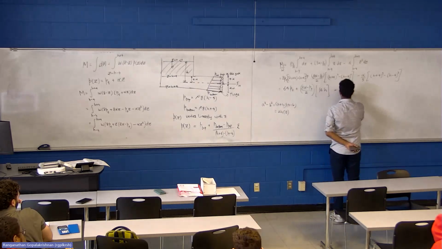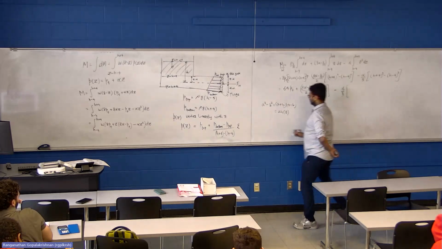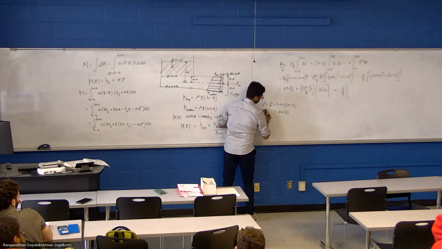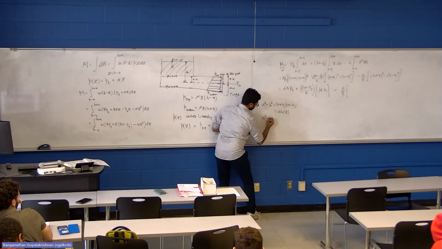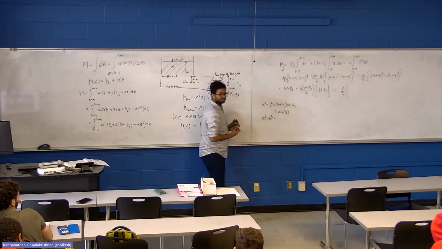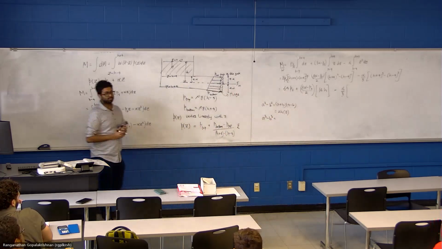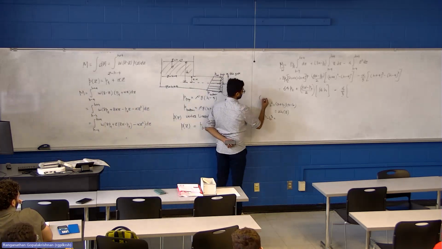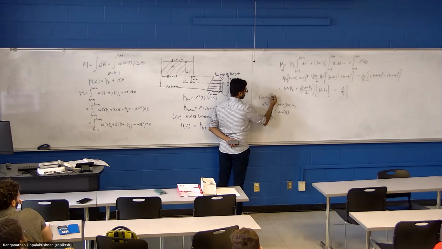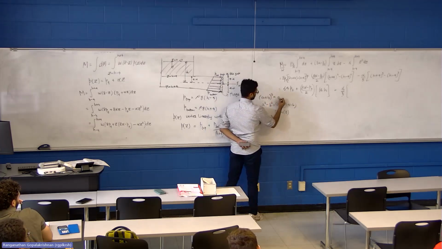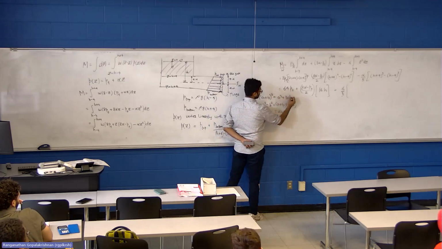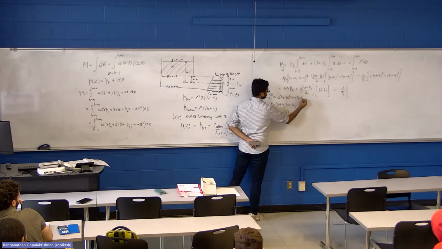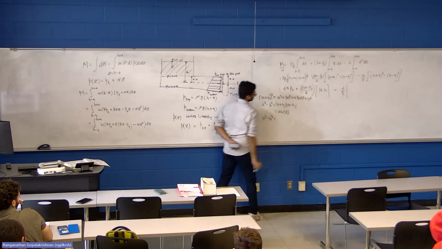Minus alpha divided by 3. What is a cube minus b cube? Does anyone remember? Or actually, let me ask, do you remember a plus b cube? a cube plus 3a squared b plus 3ab squared plus b cube.